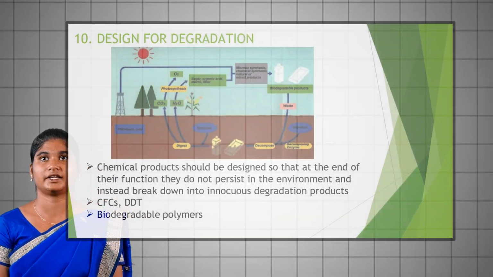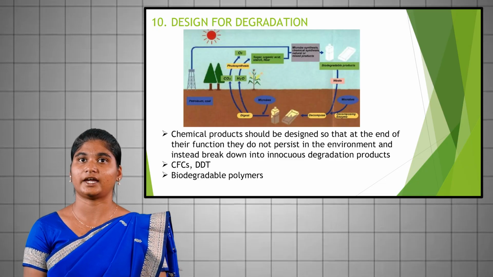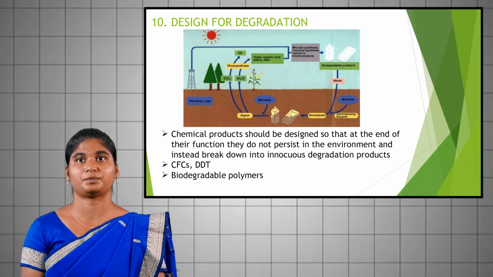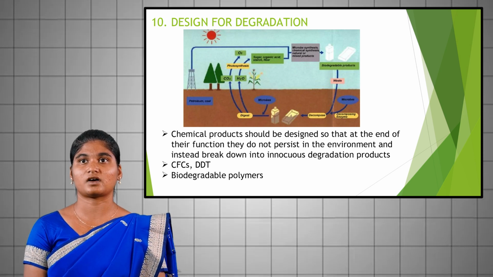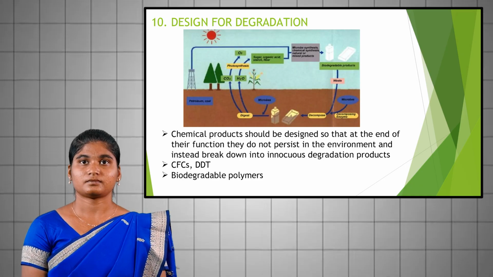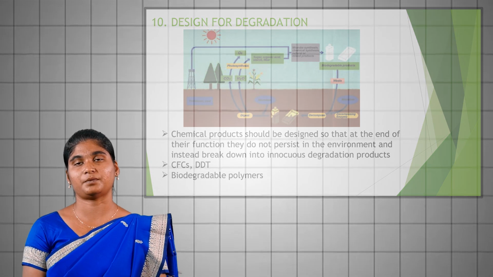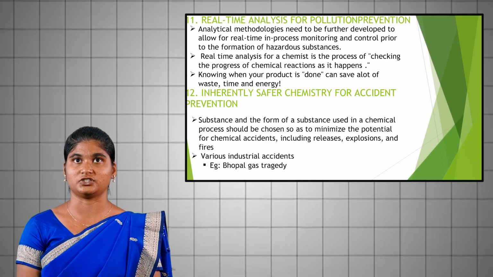Next, design for degradation. Chemical products should be designed so that at the end of their function they do not persist in the environment and instead break down into innocuous degradation products, as with CFCs and DDT. Biodegradable polymers. Next, real-time analysis for pollution prevention.